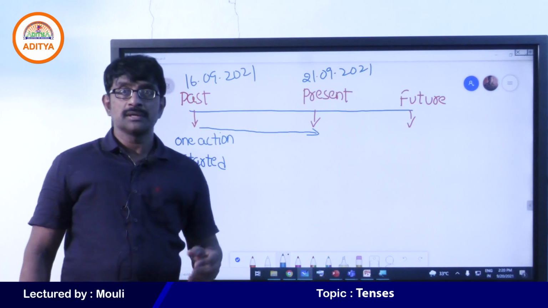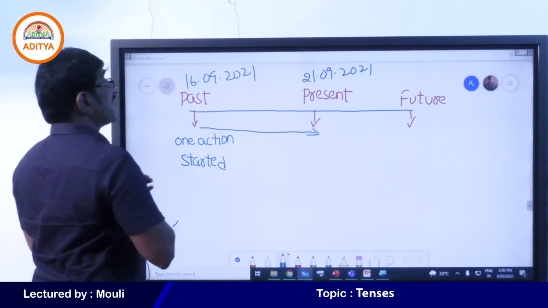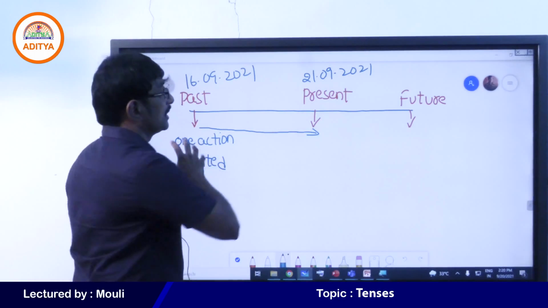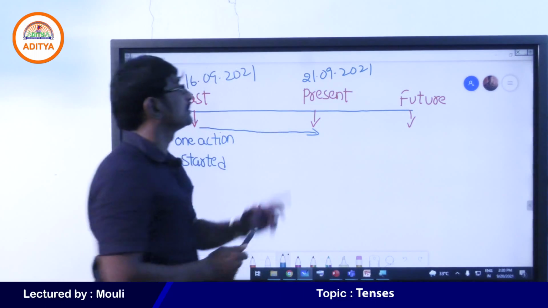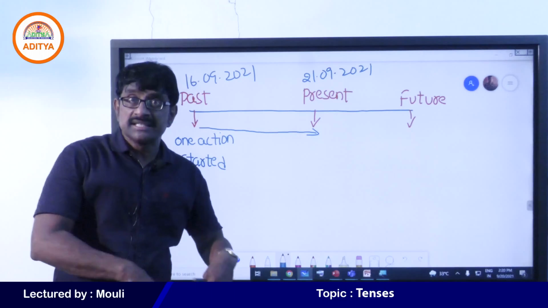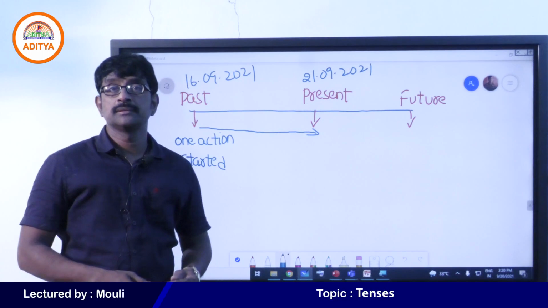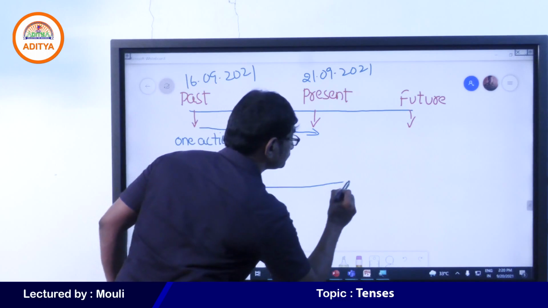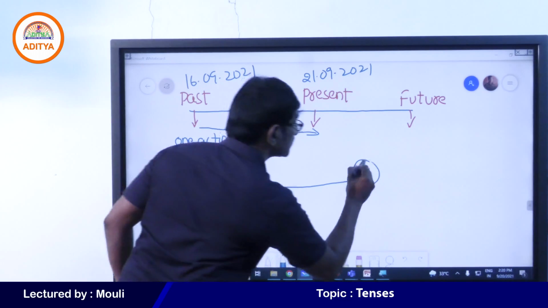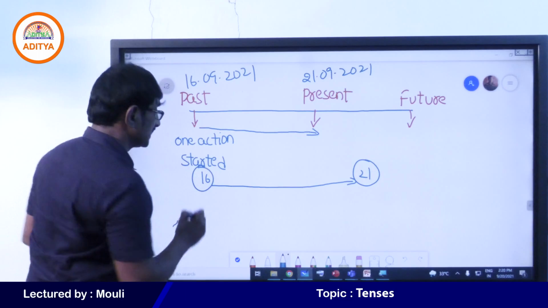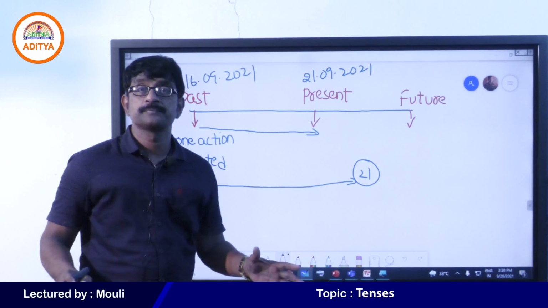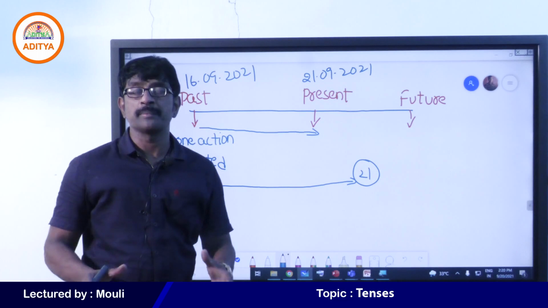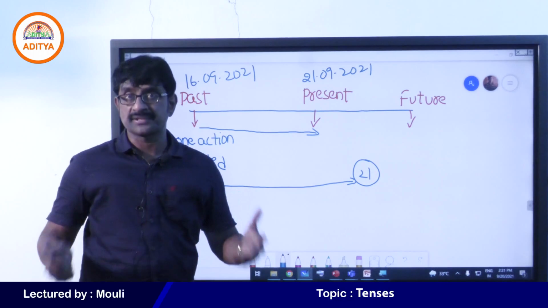One action began on the 16th of September and is still continuing till this day, the 21st. That is the prominence of present perfect continuous tense.